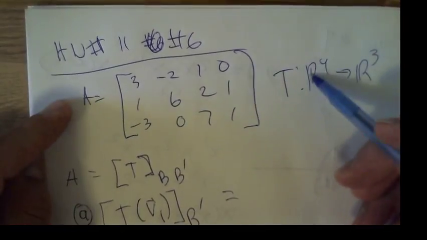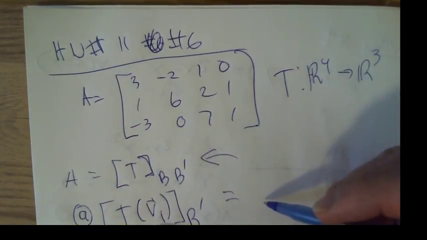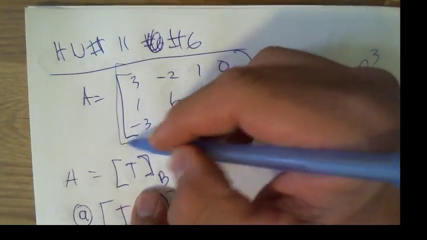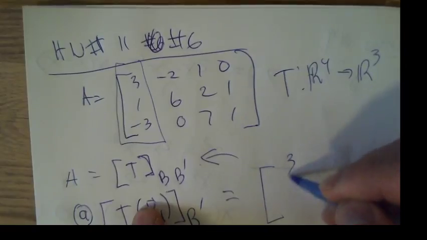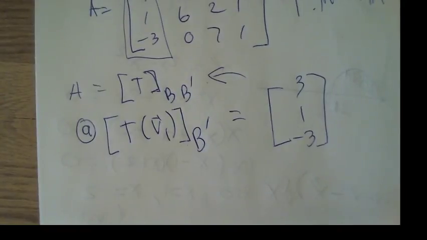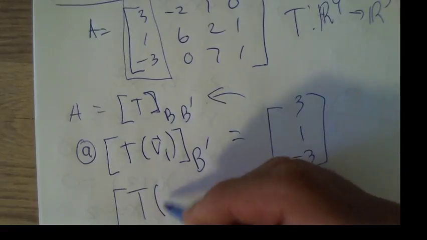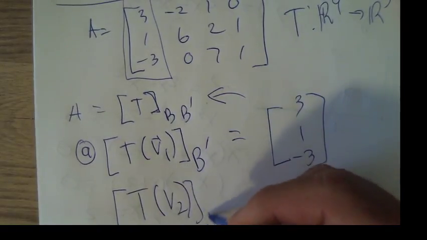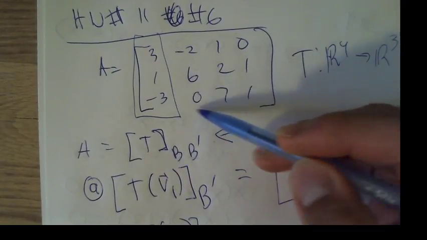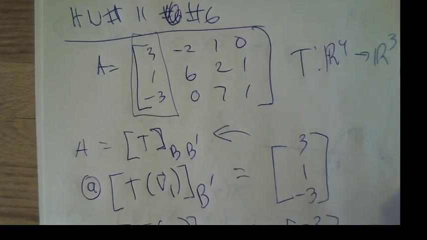If this is already relative to these bases, then the transformation of v1 is this column vector here, which is 3, 1, negative 3. And T of v2 relative to B prime would be the second column vector, the image there, which is negative 2, 6, 0.